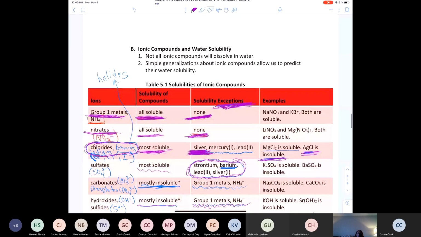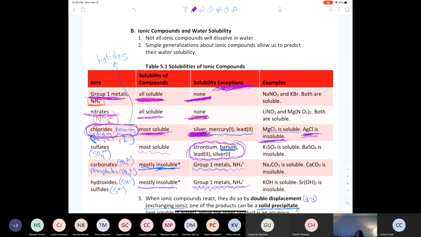You need to, I would suggest, really study this table. Make sure you're interpreting it correctly. So for the halides, including chlorides, bromides, and iodides, they are mostly soluble, except if those anions, which have negative charges, in the ionic compound are paired with a positively charged metal cation.